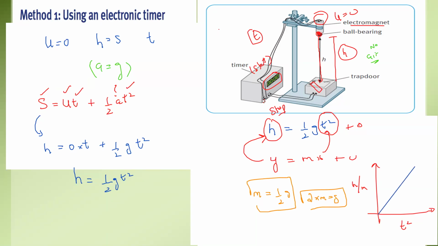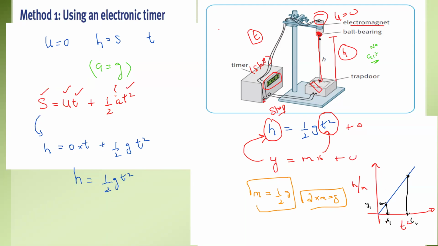So what we will do is change the height and get different time intervals. Then we plot the results for h and t², draw a line of best fit, and find the gradient of that line. The first point on the x-axis will be x1, the second point x2.